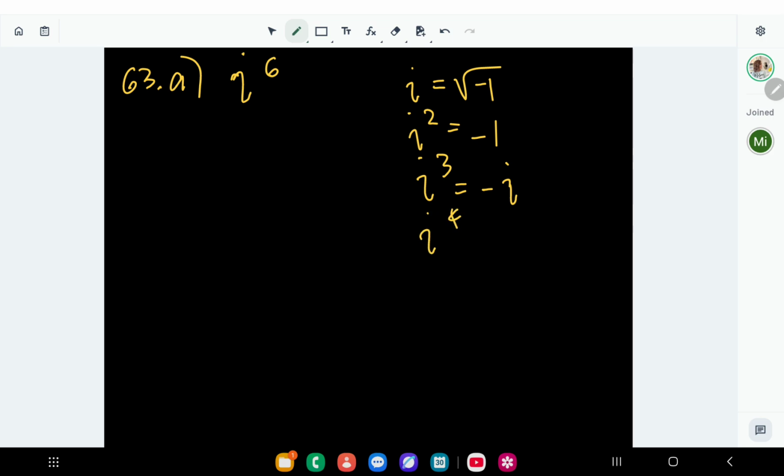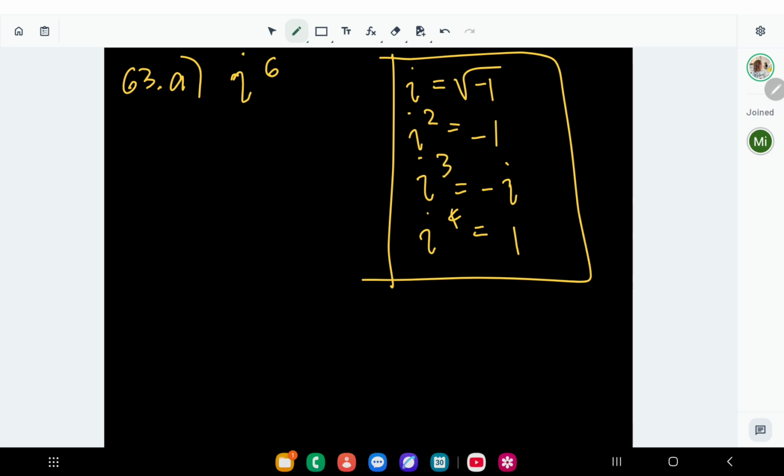Then i to the 4th is equal to 1. So you just remember all of these four, so it will be easier for you to solve complex numbers raised to bigger exponents.